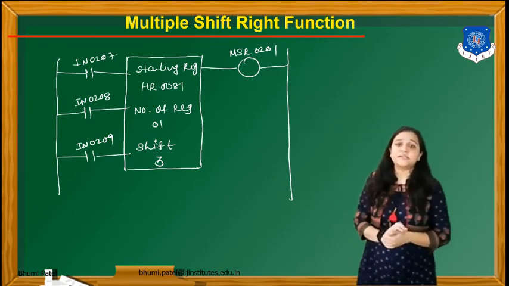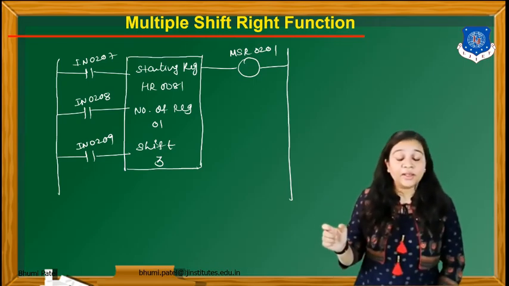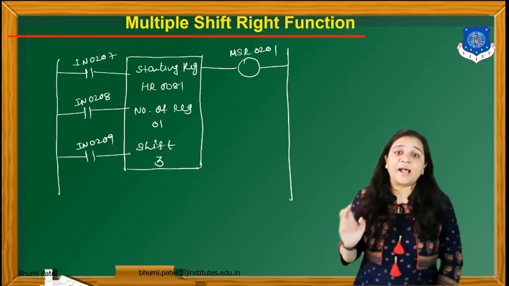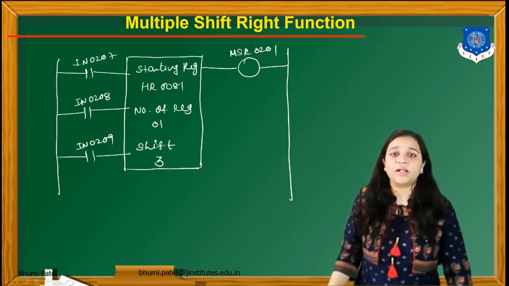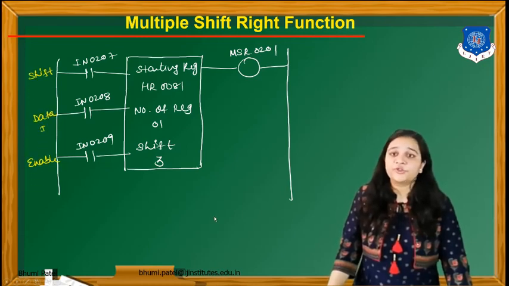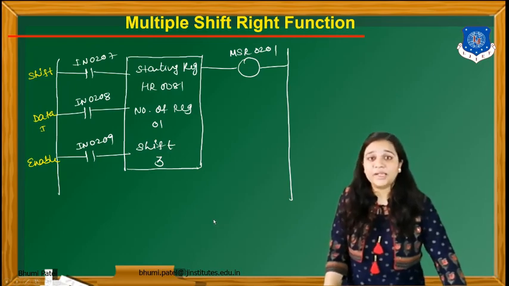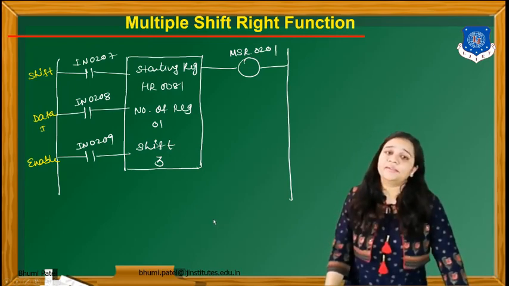The starting register is HR0081, the number of registers is 1, and we have to shift the data 3, and the command for the multiple shift right function is MSR. Using this command we can shift multiple registers at the same time.